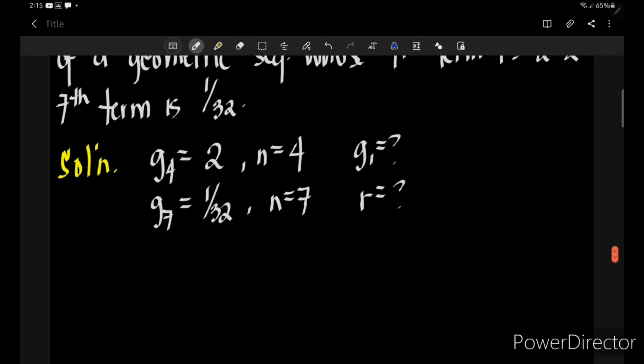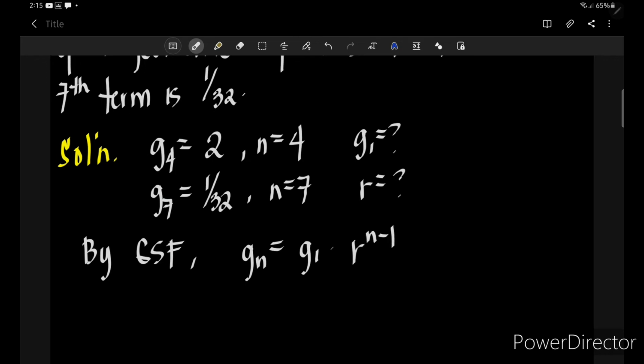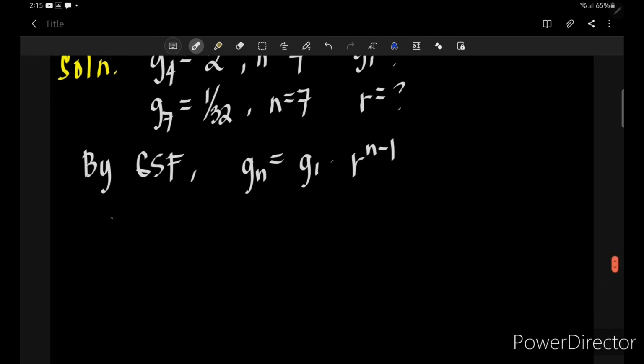Okay. Now, meron tayong dalawang cases. Parang yung last example under arithmetic sequence, no? Magkakaroon tayo ng dalawang equation. So, ganun din yung gagawin natin dito. Okay. By geometric sequence formula, and that is G sub n equal G sub 1 times R raised to n minus 1. Okay. So, gamitin natin yung fourth term, no?